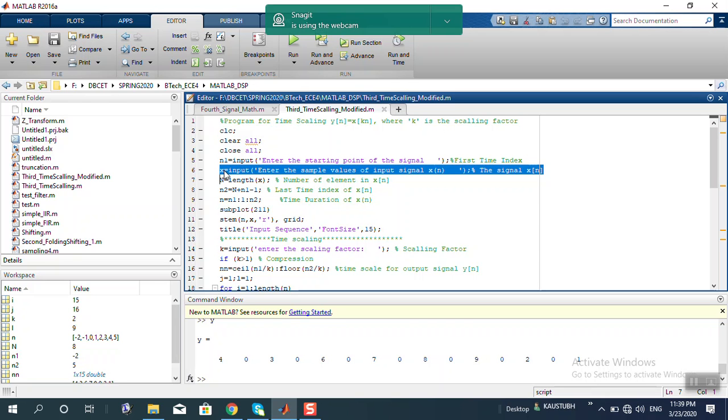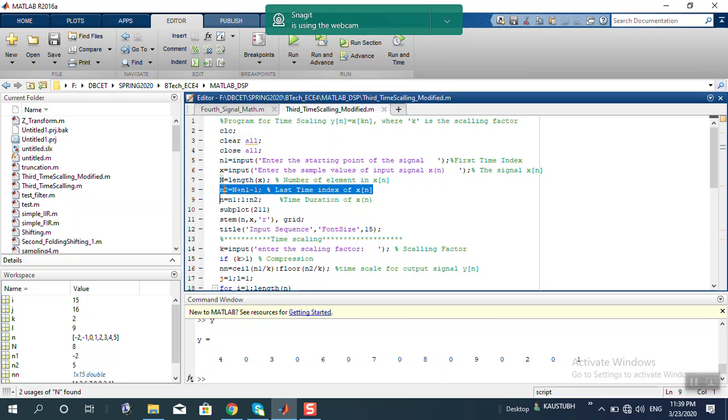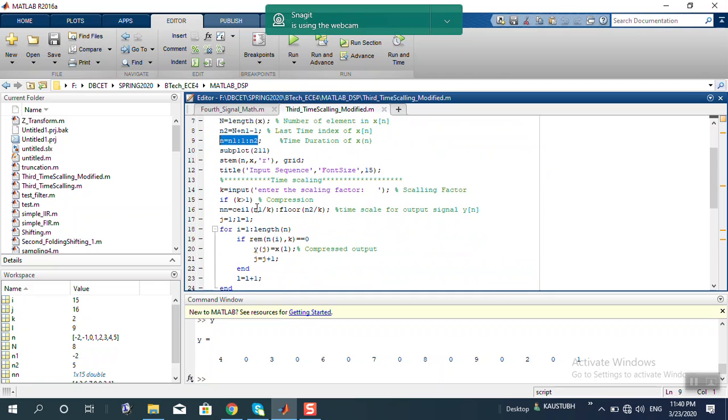Then next is the x to get the input sample values for the signal. Then capital N is to calculate the length of the signal, and from this number of samples and starting time index, we can calculate the ending time index or the last time index of the signal, which is N plus n1 minus 1. Now from n1 to n2 with a step of 1, it is the time scale.